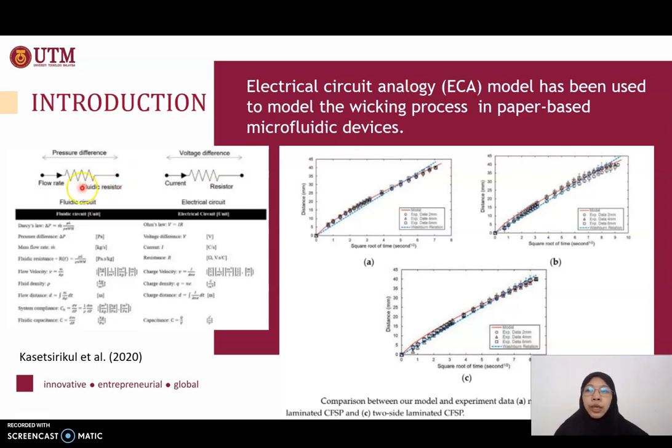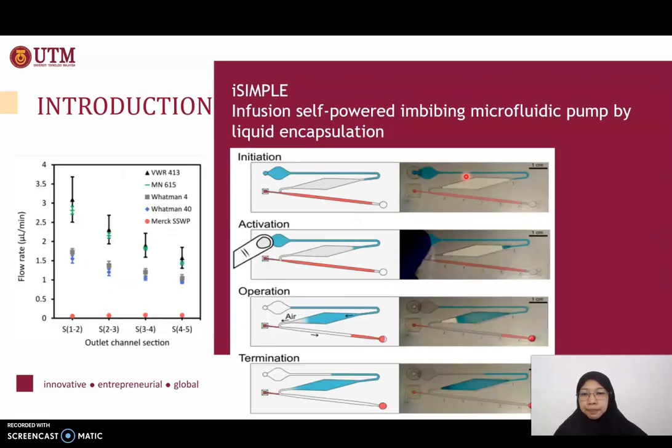In the model, they relate the flow rate with the current and the fluid resistor with the resistance of the electrical circuit, so you can also predict the pressure difference. The advantage of having the model is that you don't have to do a lot of experiments, but you can still have a very good prediction of whatever parameter you want to study.